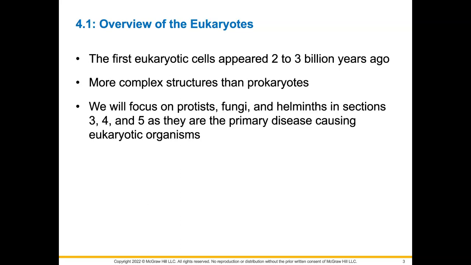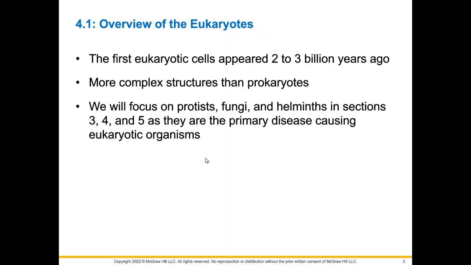So our overview: eukaryotic cells appeared about 2 to 3 billion years ago. If we recall taxonomy, we talked about domains. We looked at the taxonomic pyramid, where we started with domain and then kingdom, phylum, class, order, family, genus, and species.